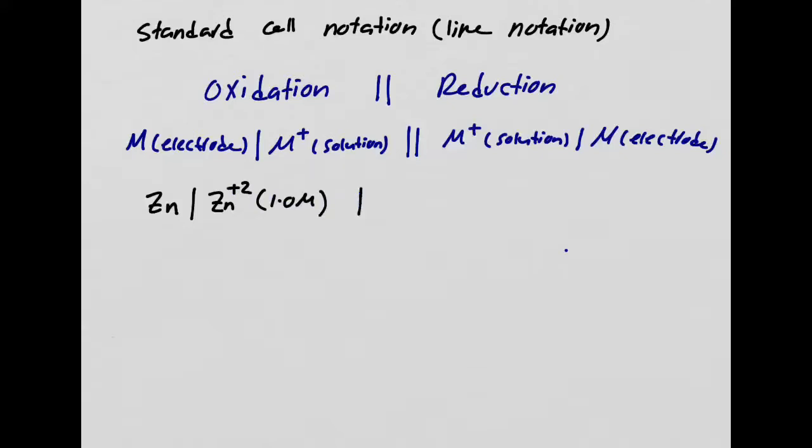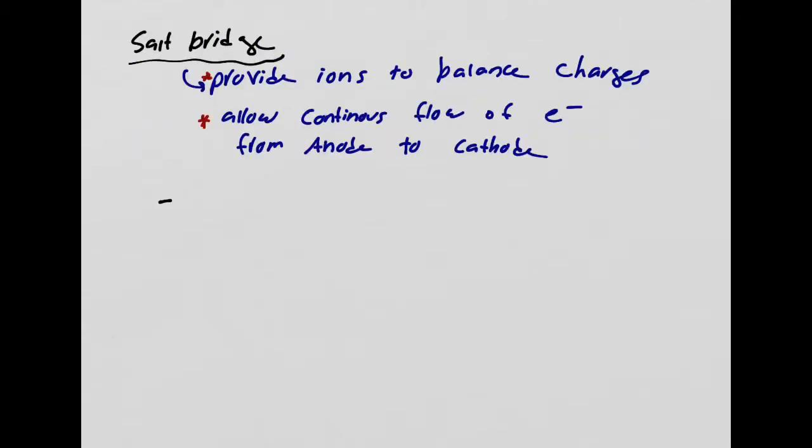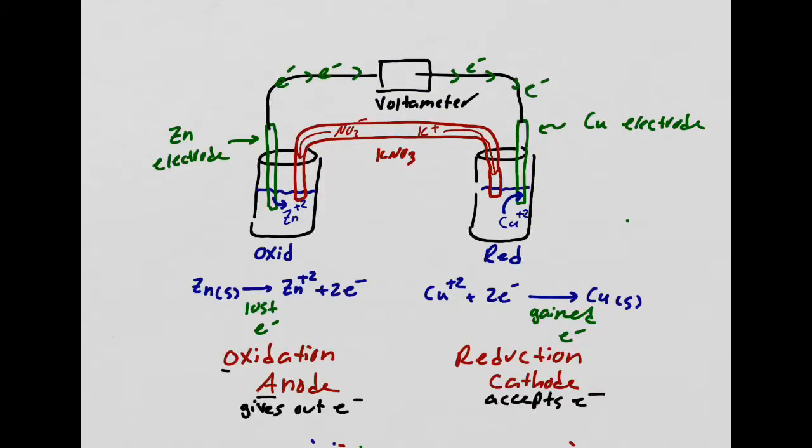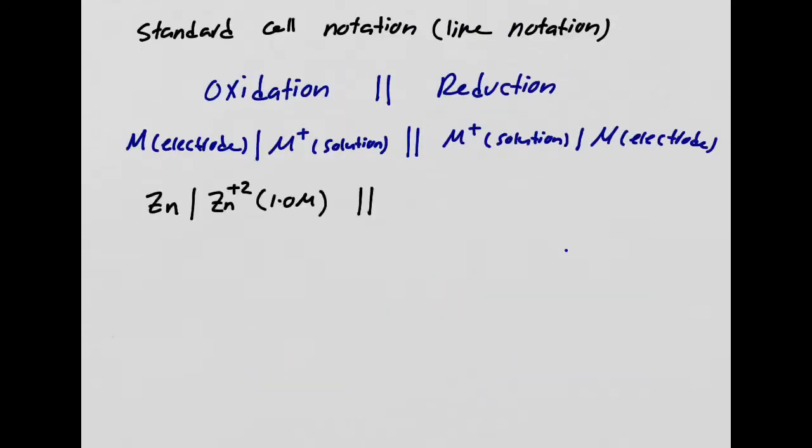I'm going to put a double line to represent a salt bridge. Then on this side, I have my copper plus 2, which was also 1 molar solution, and I have my copper electrode.